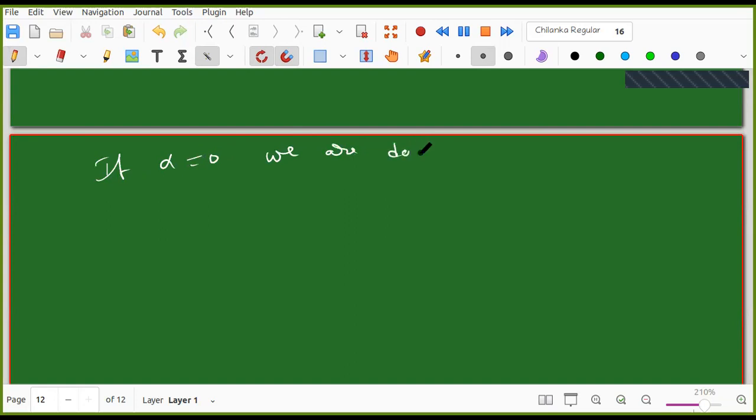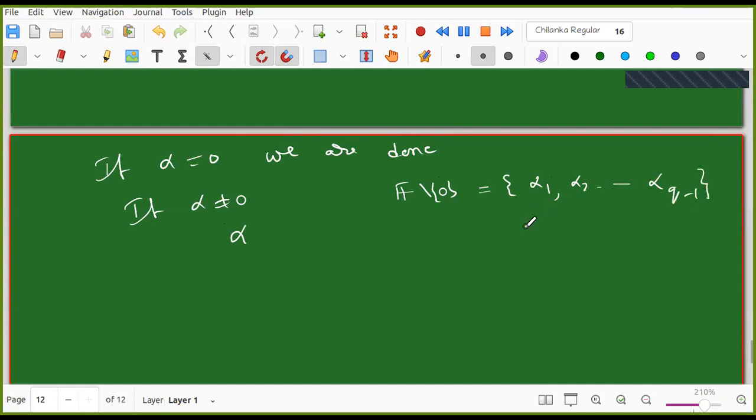We are done. Okay. If alpha is not equal to 0, what I do is multiply alpha into F minus 0, which contains elements, say alpha 1, alpha 2, up to alpha q minus 1, right?